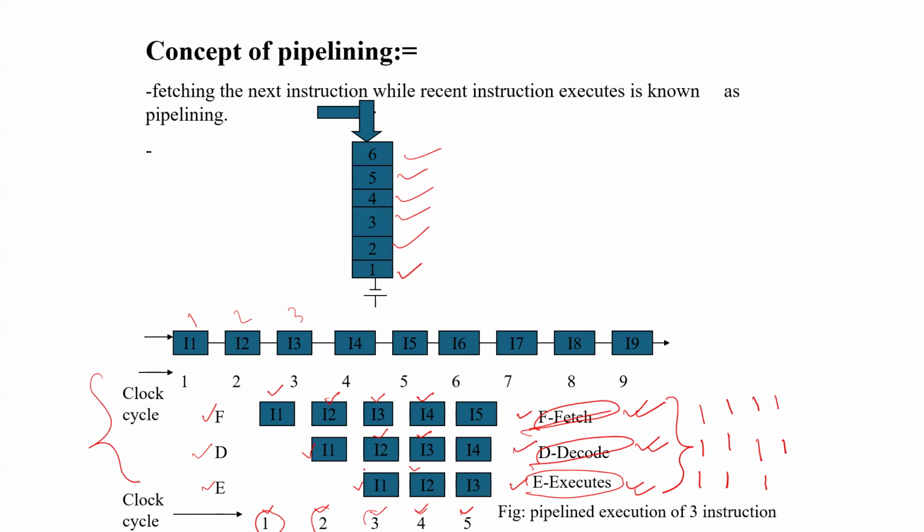Same thing, when one instruction is executed, in that time, another instruction is in the decode position, and another instruction is in the fetching position. So all work is done parallelly. This concept is called pipelining. In the 8086 microprocessor, the pipelining concept is very much important.